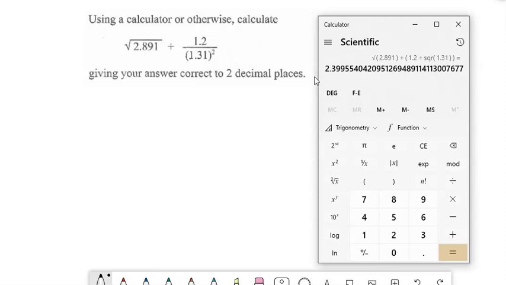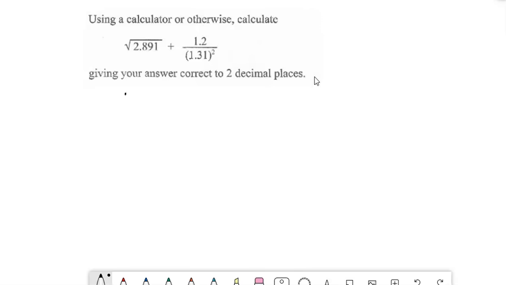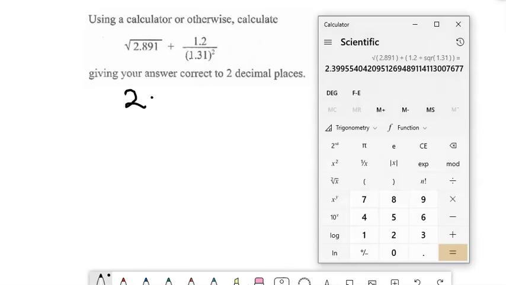So you're told to give your answer correct to 2 decimal places. So we put on the 2 points. Let's bring back our calculators. 3, 9, that's the 2 places we want after the point. But since the number after that second 9 is greater than 4, we have to increase it by 1.